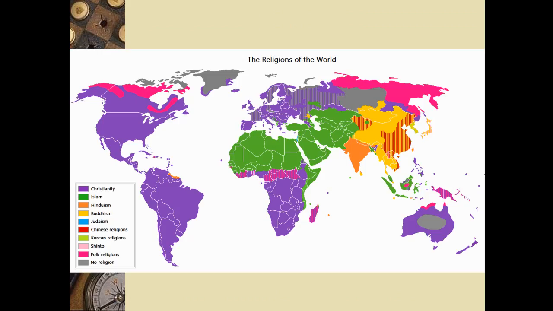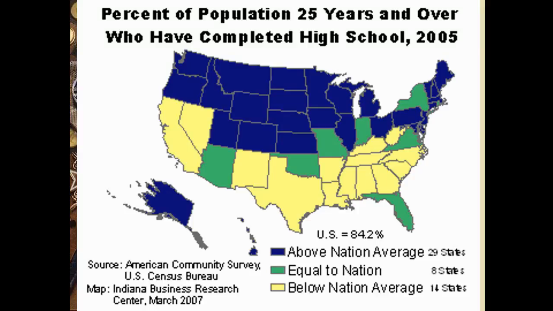Our title for this map is The Religions of the World, and if we look at our legend, it shows us the religions and where people are located. Our title here: percent of population 25 years and over who have completed high school in 2005. And then we see southern states not doing too hot.